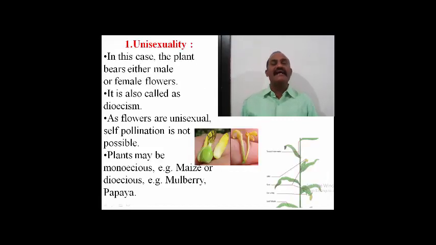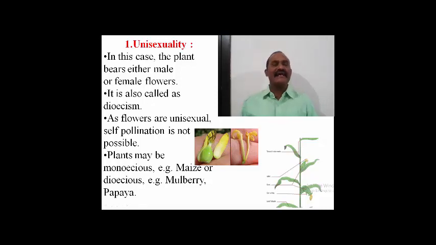The first one is unisexuality. In case the plant bears either male or female flowers only, in that condition we call them dioecious. Here you can have the most common example of the maize plant, with the male flower on top, and down towards the surface the female flower. So the flowers are unisexual, either male or female.